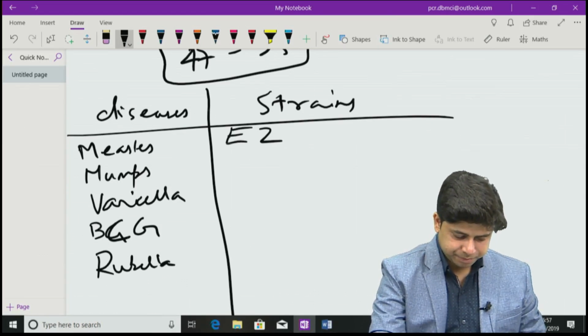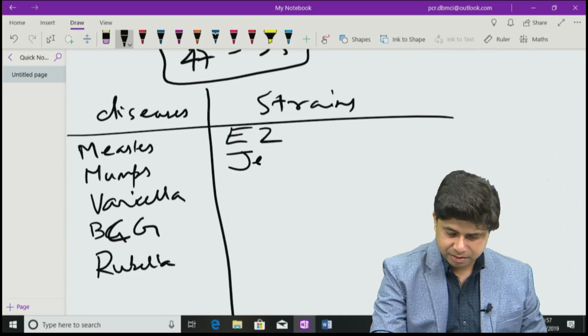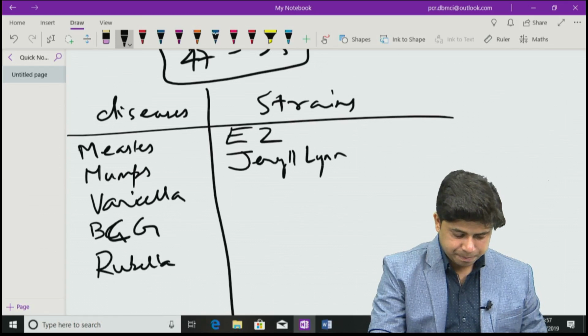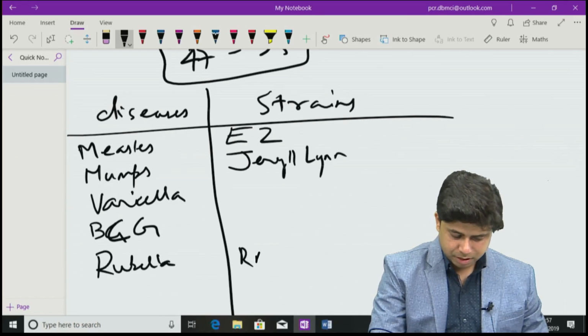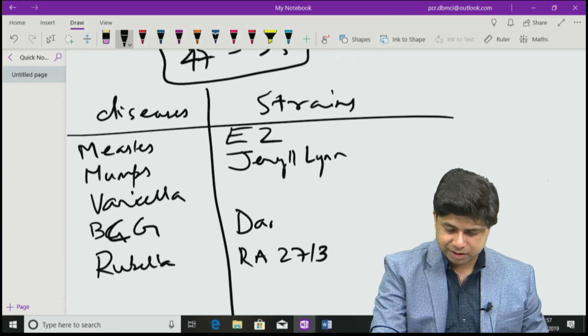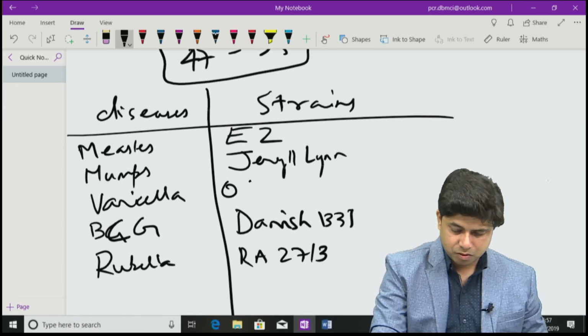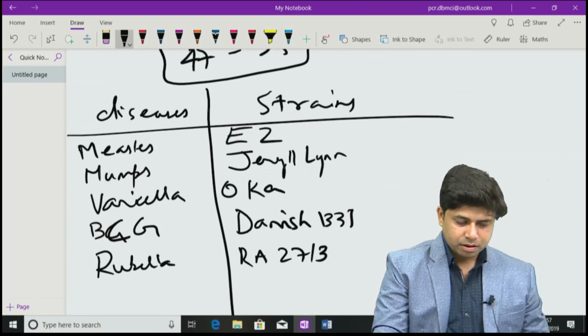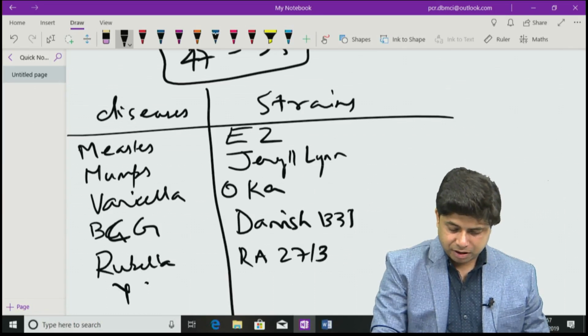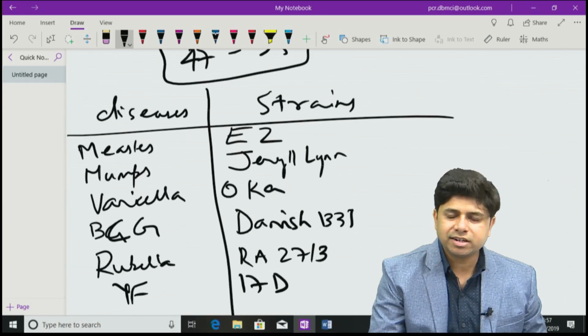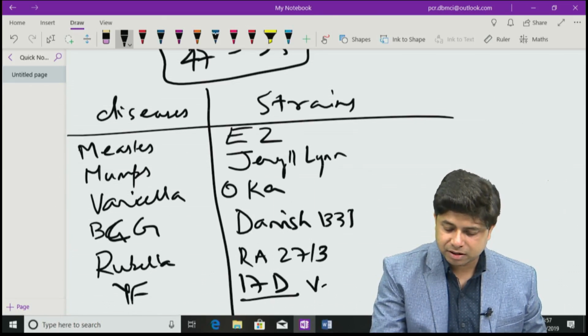In mumps it is Jeryl Lynn. In rubella it is RA 27/3. In BCG it is Danish 1331. In varicella it is Oka. In yellow fever it is 17D. Hence the vaccine is also known as the 17D vaccine.